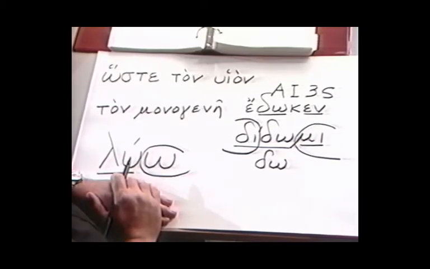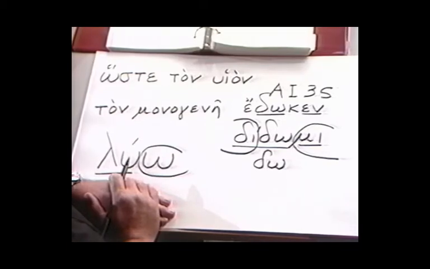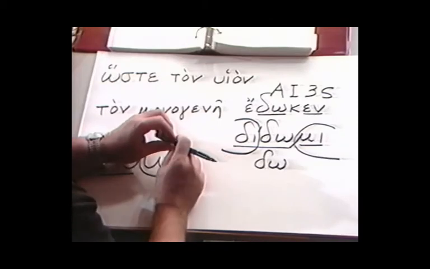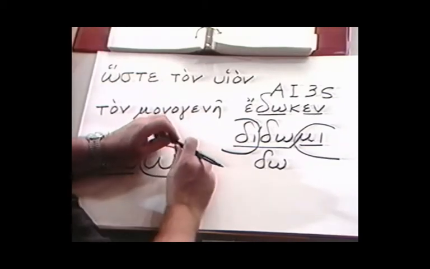Well, just like we said that life is full of little irregularities, so we have some irregularities here as well. There are 4 verbs in the New Testament which will take a kappa tense indicator for some of their aorists instead of a sigma. These are frequent enough verbs that you're going to have to learn them.